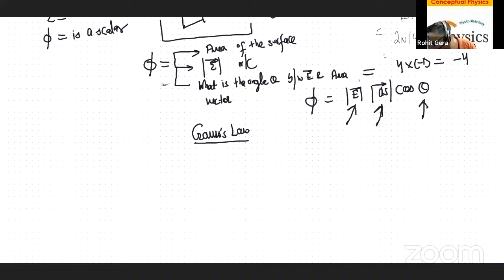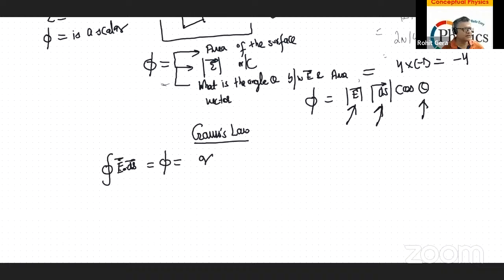No problem. So see, what Gauss law deals with is that it gives you a relationship. Let's rewrite it: the integral of E dot ds is equal to flux, which is equal to q over epsilon naught.